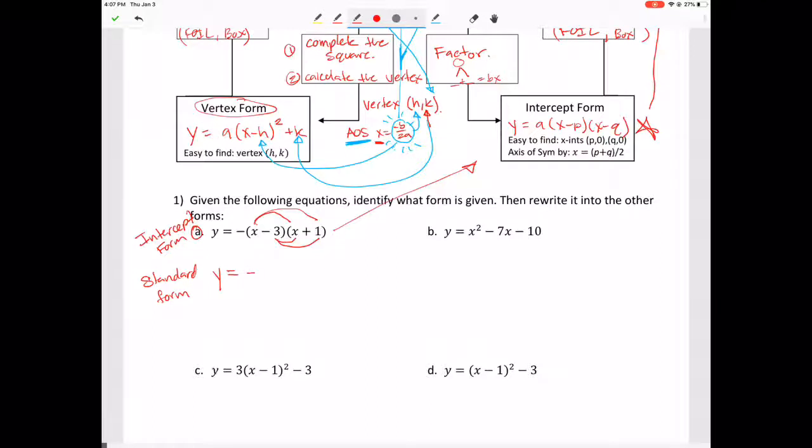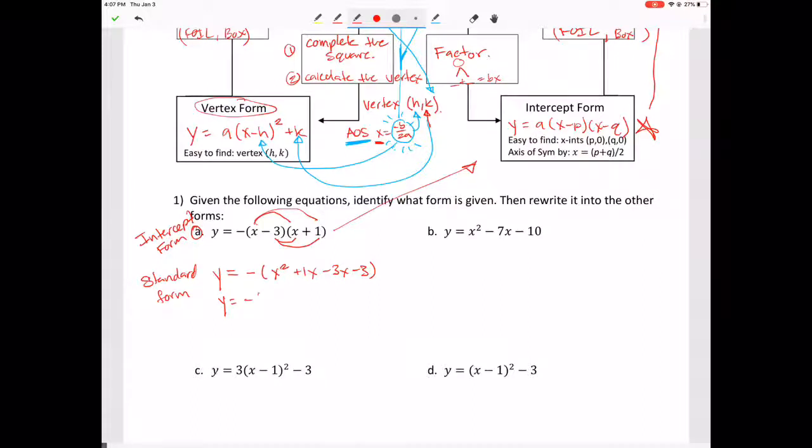You can do it whichever way you'd like. I'm going to do the foiling first. The F for foil is the first two terms, which gives us x squared. The O is the outside terms, which gives us plus 1x. The I is the inside terms, which gives us negative 3x. And the L is our last two terms, which is negative 3.